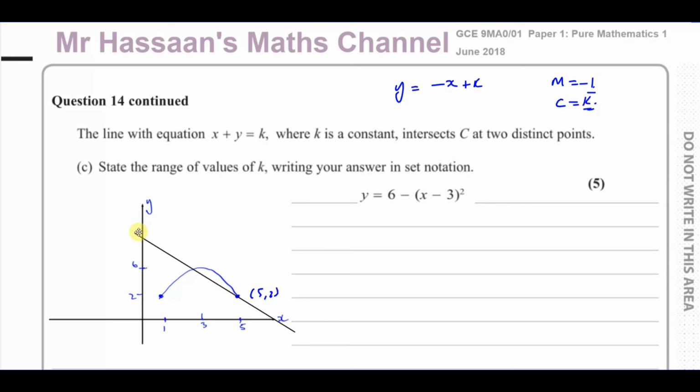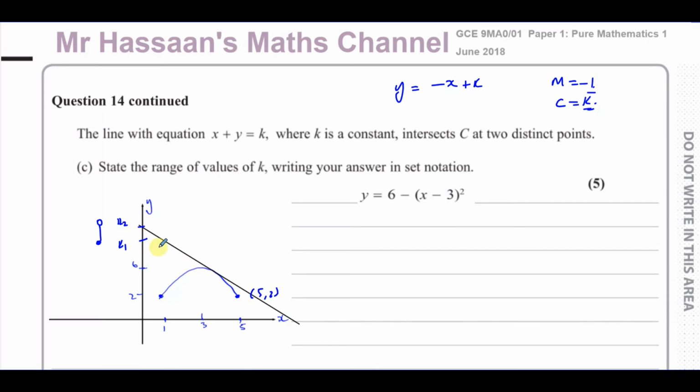So the places where there are two solutions is when k is this value here, which you can call k1, and when k is just below the tangent value. It's between those two values, including one value but not the other. So we need to find what those values of k are.